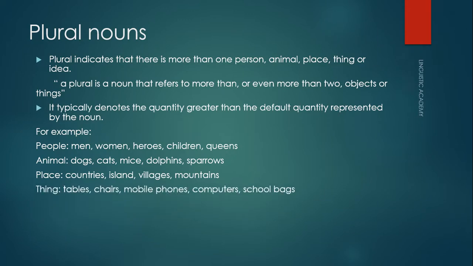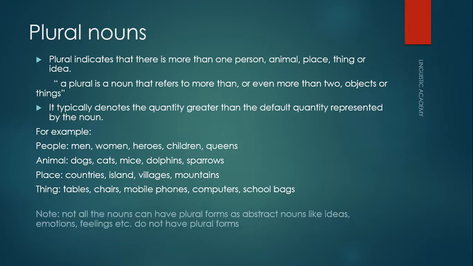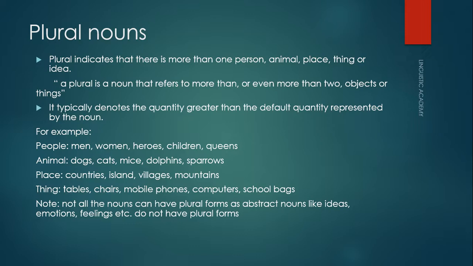Things like tables, chairs, mobile phones, computers, school bags. Now it is important to note that all the nouns can have plural forms, but abstract nouns like ideas, emotions, and feelings, they do not have plural forms.